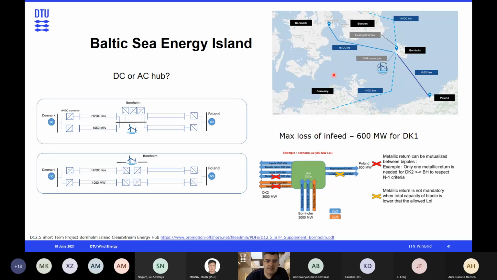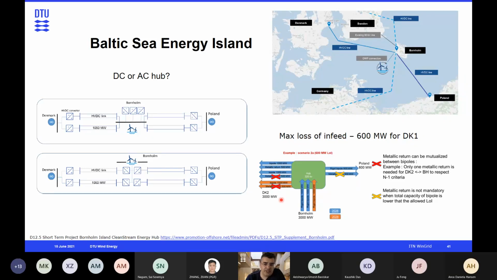And of course, this has an impact on how to build the interconnection, both in terms of ratings, but also whether you use metallic return for each connection or only for some of them. So of course, it's not as simple.